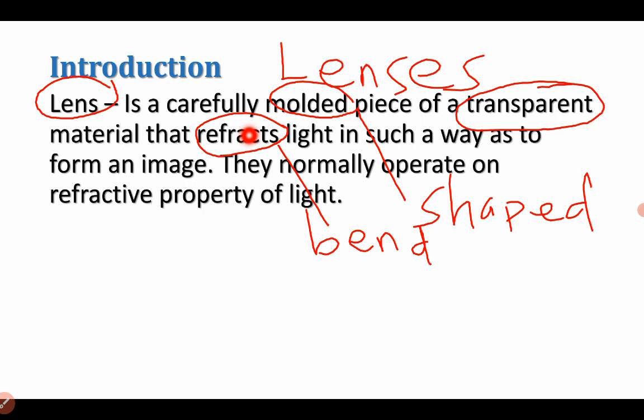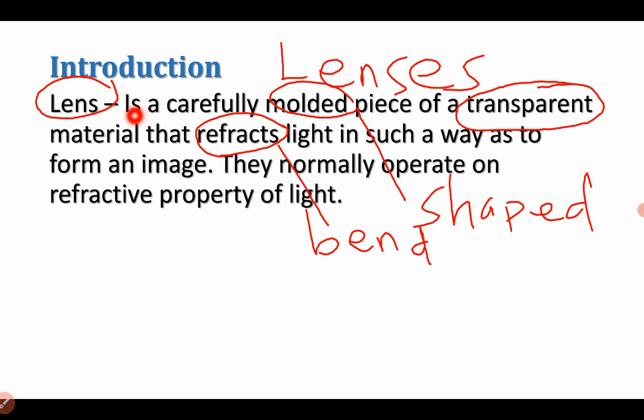Light is going to bend at the point where it meets glass, where the glass and the air meet. So a lens refracts light. So they have what we call a refractive property of light. Not reflective, but refractive, from the word refract, which means to bend.